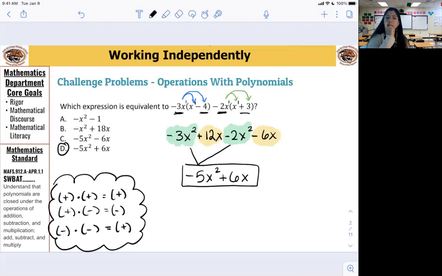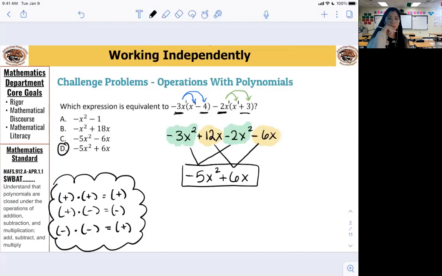Look through it carefully, make sure that you understand each and every part of it. Okay, cool. So on the next slide, I'm going to have you guys try it on your own. Okay, hold on. Somebody just asked, do you add the exponents?